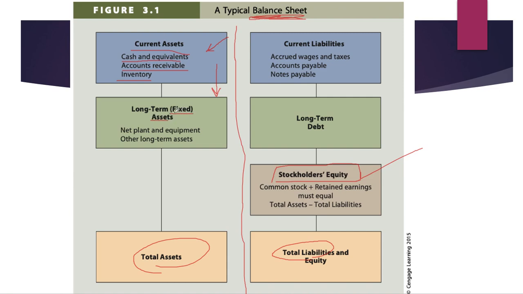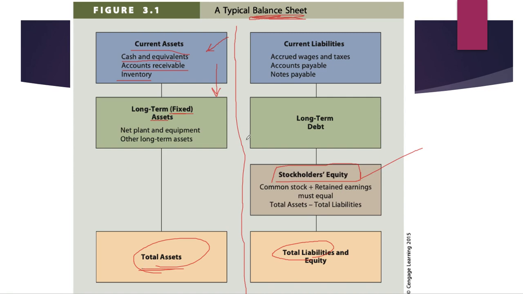Fixed assets are not that liquid because it takes some time to be able to sell them. For example, the building, equipment, or the land, etc., that the company owns. These are fixed assets, but they are not very liquid. And then all these items are added together under the total assets.